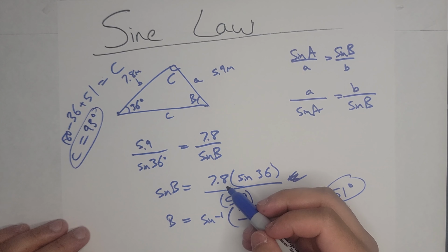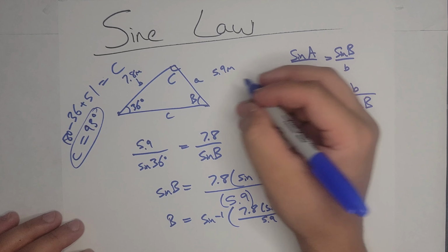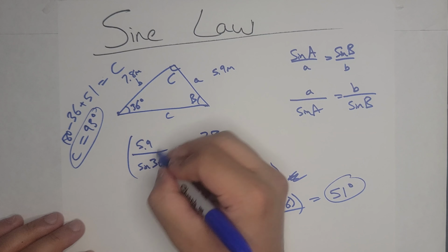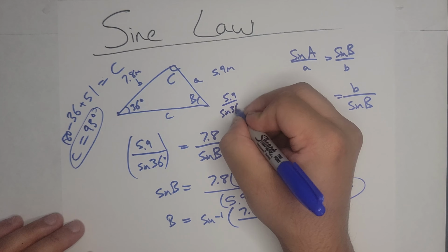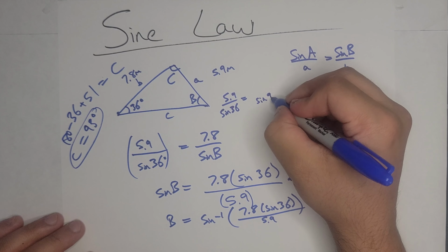And there you have it. And now, with that angle, I could just simply punch in the same 5.9 sine 36 is equal to sine 93 that I got.